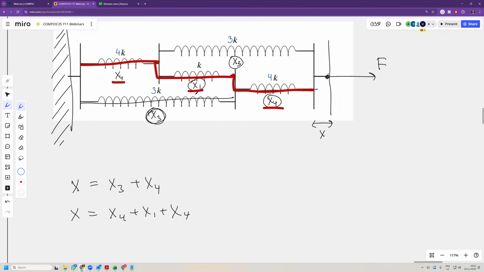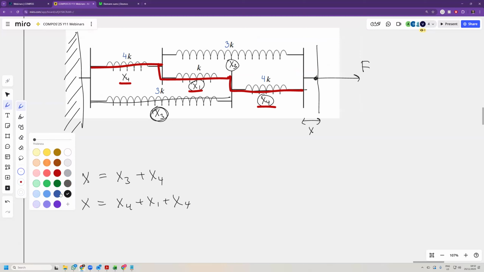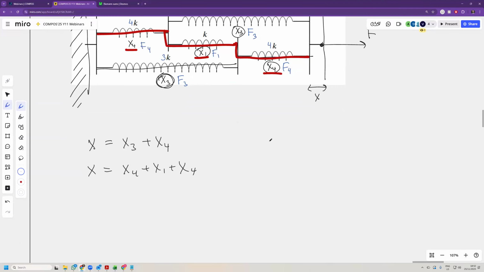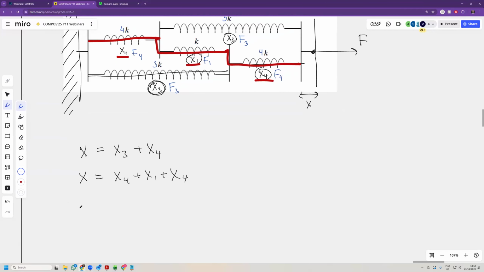Then the force. Let's talk about the force in this spring. Let's call it F3, F4, F1, and F3, and F4. Well, F, obviously the external force, is pulled by these two forces.